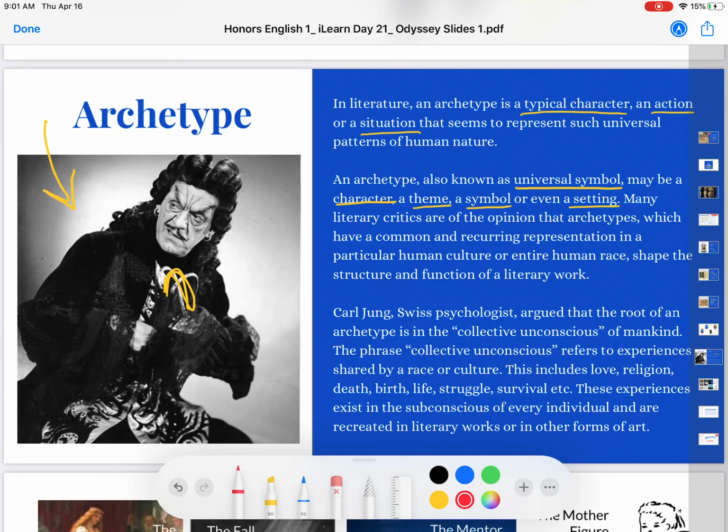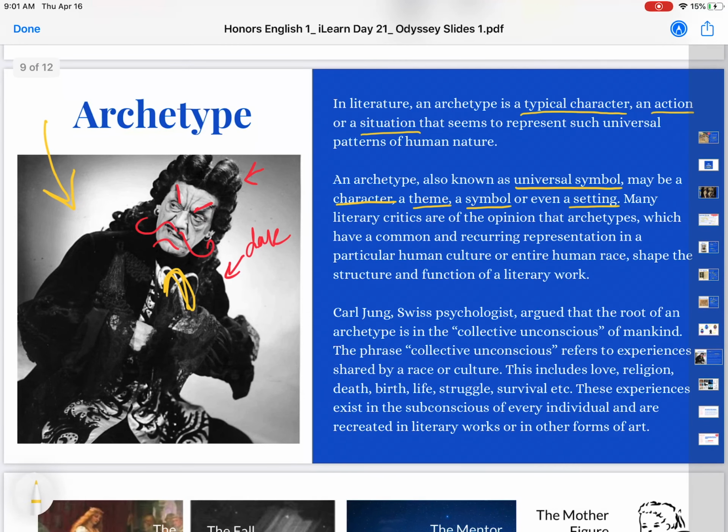I want you to look at his features, okay? Look at his little swirly mustache. Look at his eyebrows. Look at his dark clothing. Look at his frown. Even look at his hair, which is something else. When you look at this character, your first thought is probably not, well, that looks like a really nice guy that I want to sit down and have some coffee with.